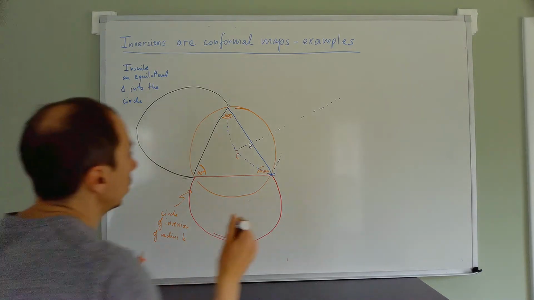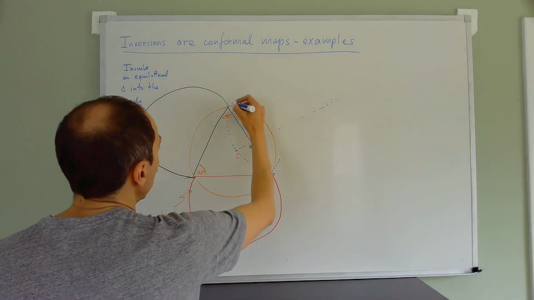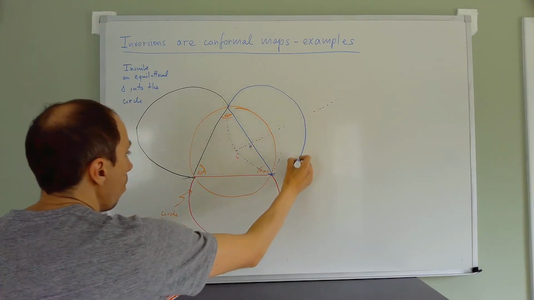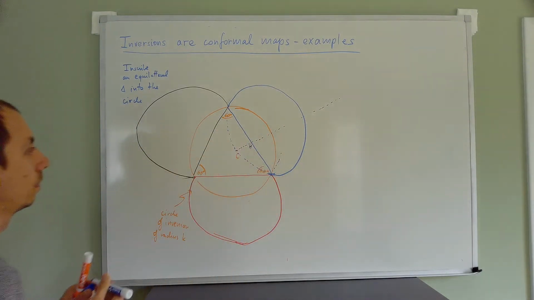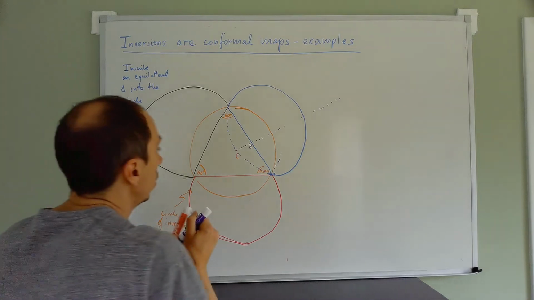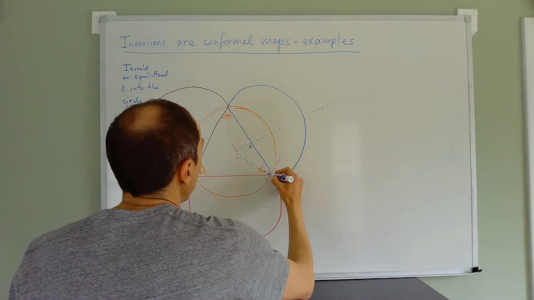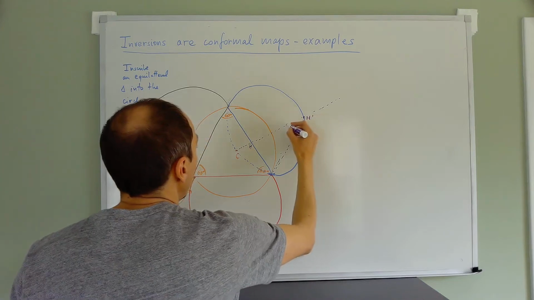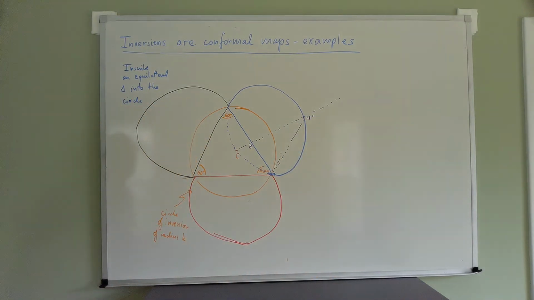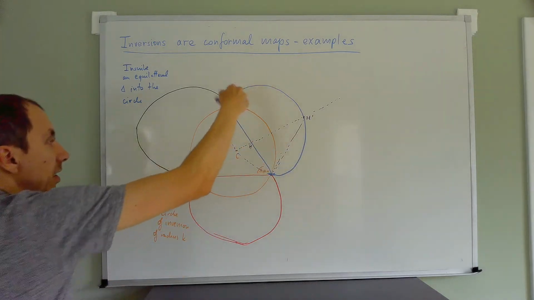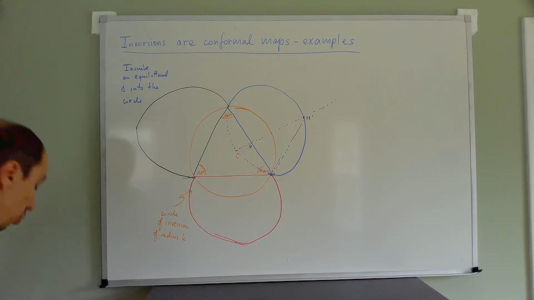I must have drawn the tangent lines incorrectly here. Okay. So the point H, probably if I drew the tangent correctly, it would have gone all the way here, and this is the H prime. Okay, so this, that, and that is the image of our equilateral triangle.